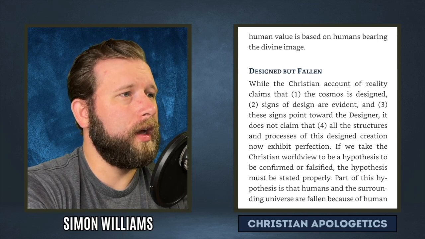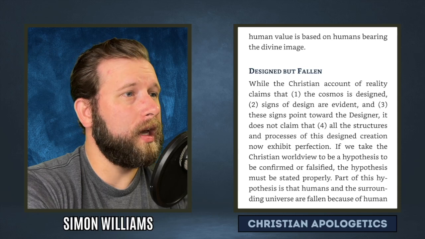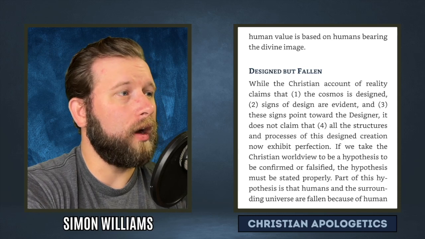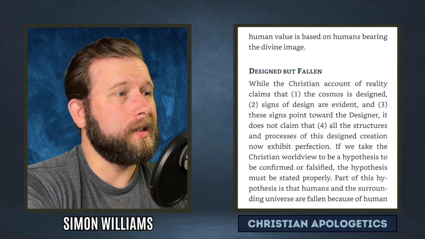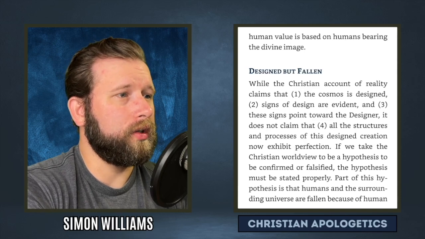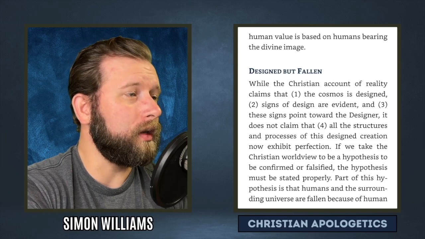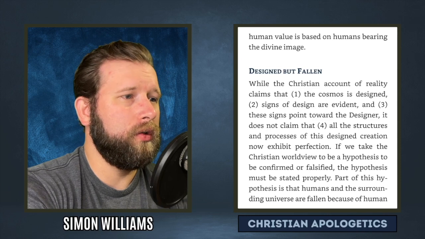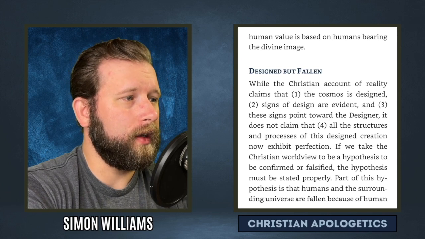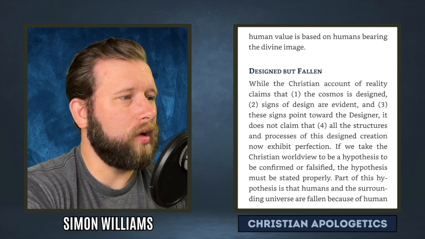When the Christian encounter reality claims that 1, the cosmos is designed, 2, signs of design are evident, and 3, these signs point towards the designer, it does not claim that 4, all the structures and processes of this designed creation now exhibit perfection. If we take the Christian worldview to be a hypothesis to be confirmed or falsified, the hypothesis must be stated properly.